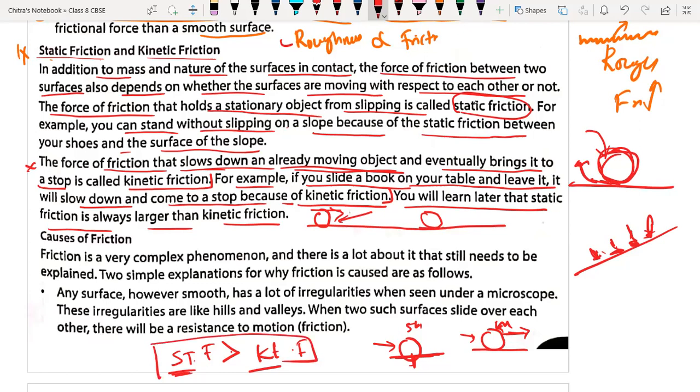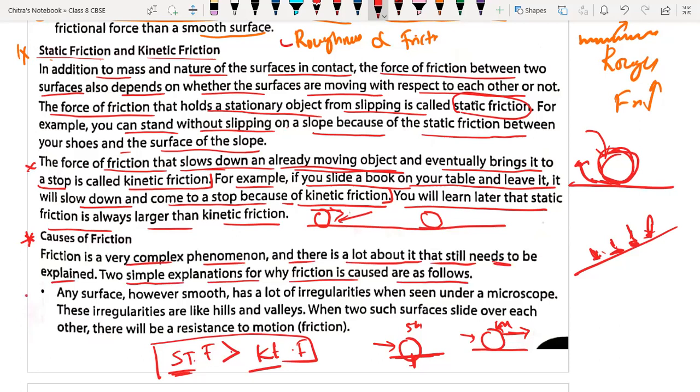Okay, next point. Now we are going to understand the cause of friction. Friction is a very complex phenomenon and there is a lot about it that still needs to be explained. Two simple explanations for why friction is caused are as follows.